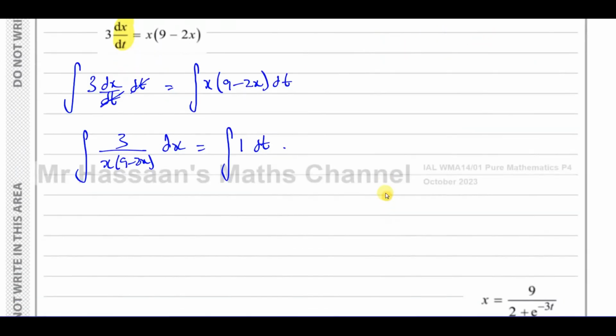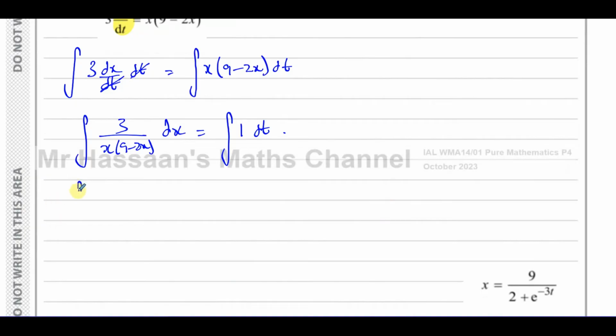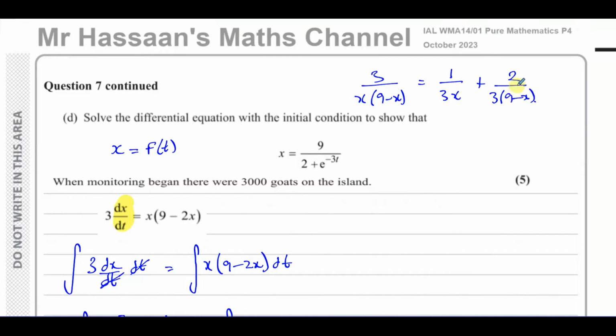So we're going to rewrite this as the integral of 1 over 3x plus 2 over 3 times 9 minus 2x, integrated with respect to x, equals the integral of 1 with respect to t. Just to make sure I haven't written it down wrong.